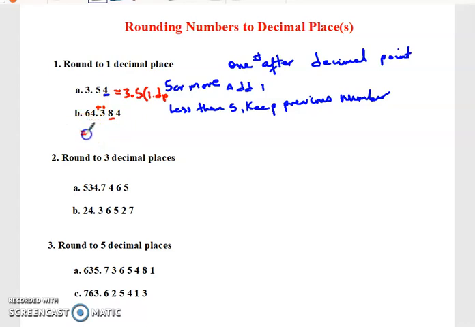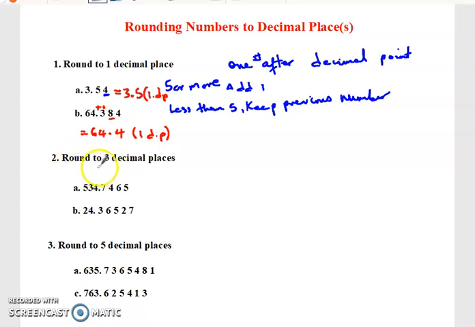So this will be equal to 64.4, because you need to write it to 1 decimal place, but the second digit is more than 5, so you add 1 to the 3 and write 64.4. And in brackets you write 1 dp, for decimal place.